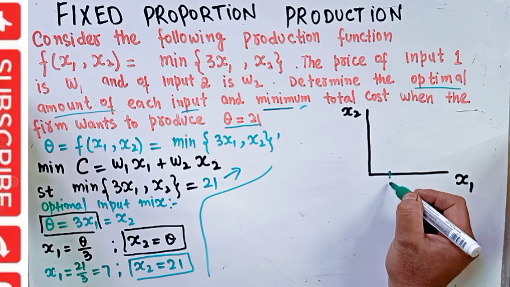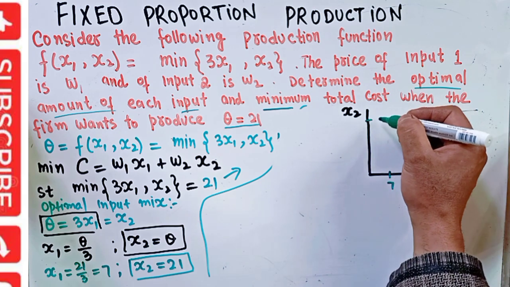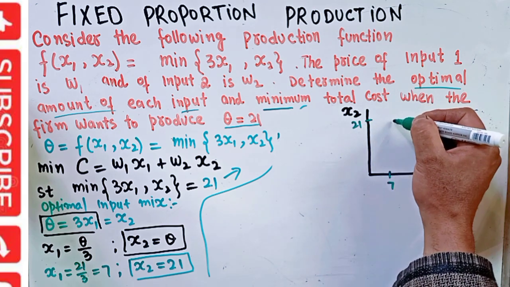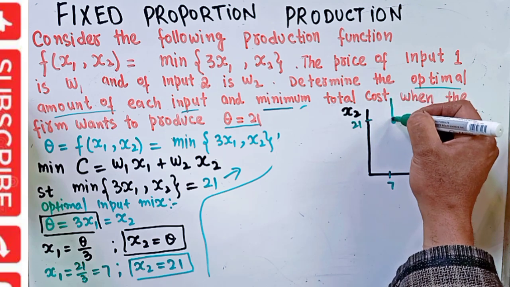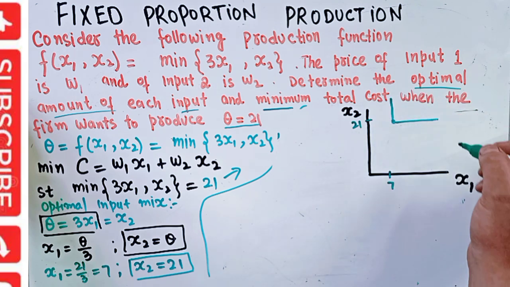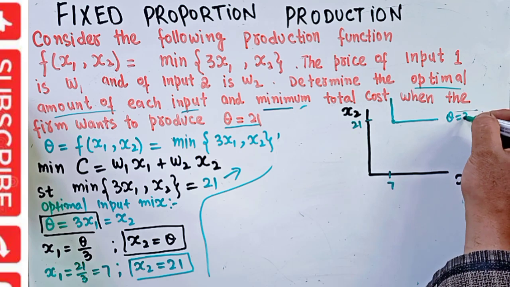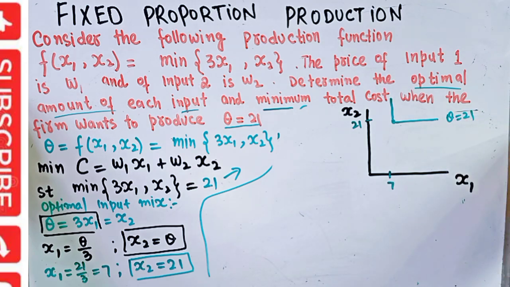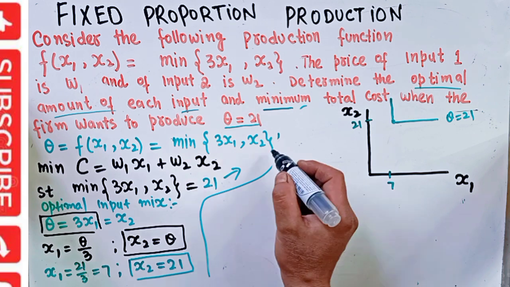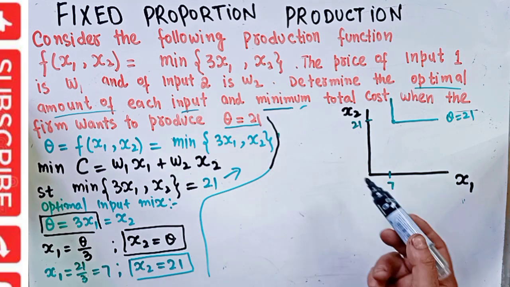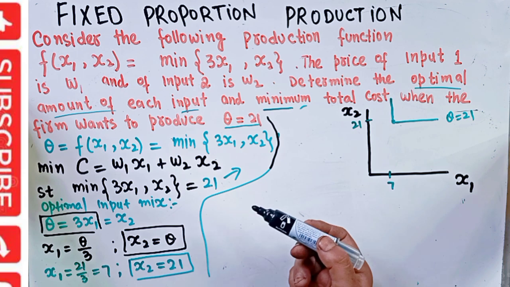Let us suppose this is 7, and this is 21. So let's draw the isoquant for q equal to 21. Remember, in case of the Leontief production function, our isoquant will be L-shaped.